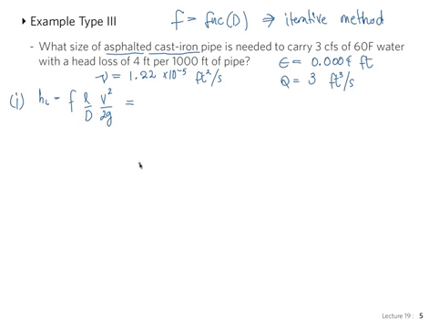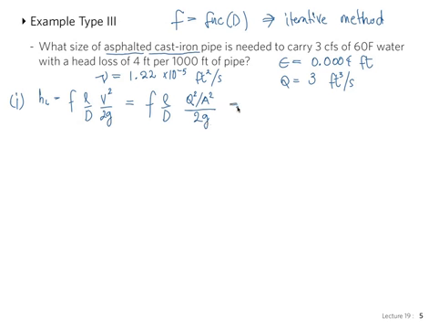And the velocity is going to depend on the given flow rate, Q, so we need to plug that in. F, L over D, and for velocity, we put Q divided by A. So Q squared divided by A squared is the velocity squared.